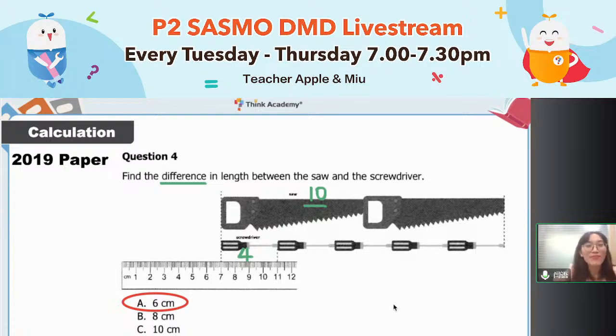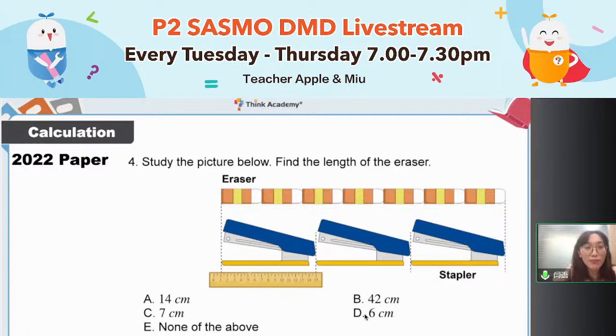Be more careful. Okay, and then for the second one, again question 4, but this time it is in the 2022 paper. Again, it is about the length. Okay, try it. Study the picture below. Find the length of the eraser. Okay, eraser here. This is the eraser. Okay, try it again. A, B, C, D, E. What is your answer?